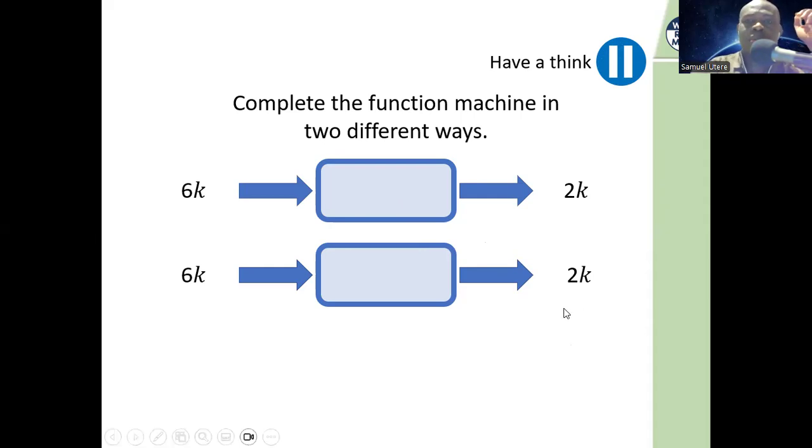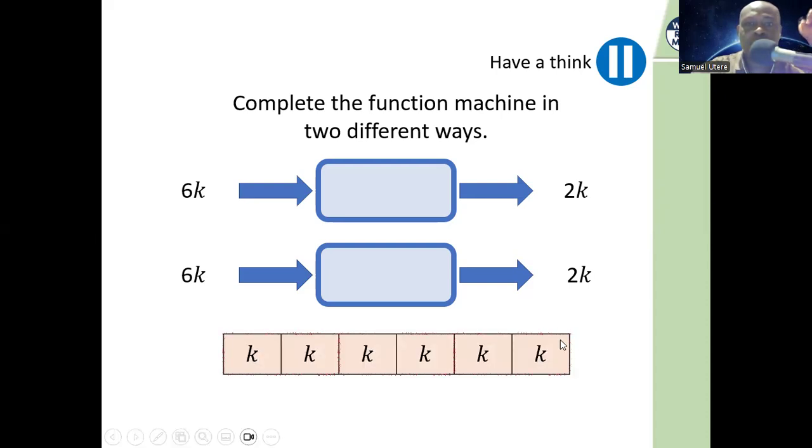Okay, I know what you're thinking. For some people, it's really easy to spot. You may have spotted to say, oh, okay, we divided by 3. So you remember your algebra now. If we have a 6k bar, so we have 6 lots of k, we could split those 6 lots of k into 3 equal parts, and that gives us 2k each.